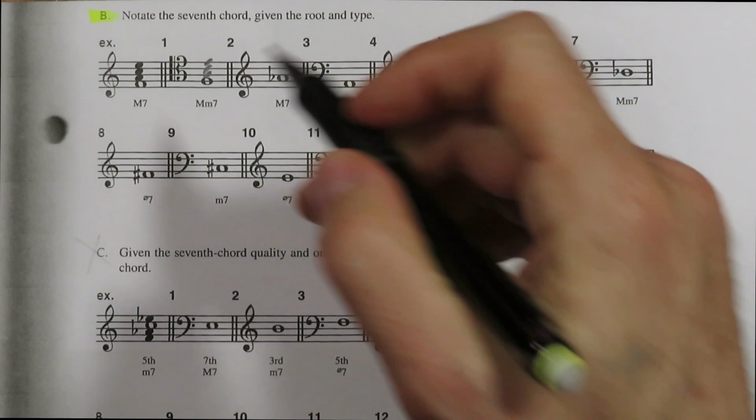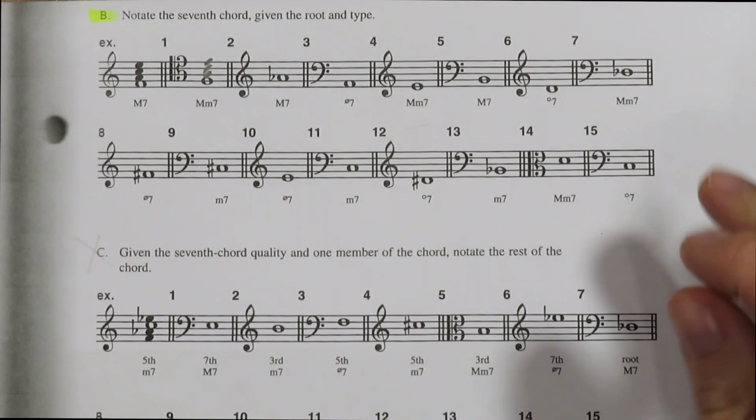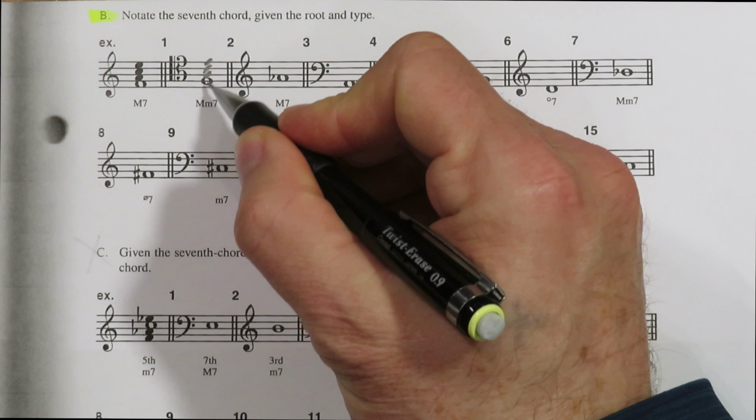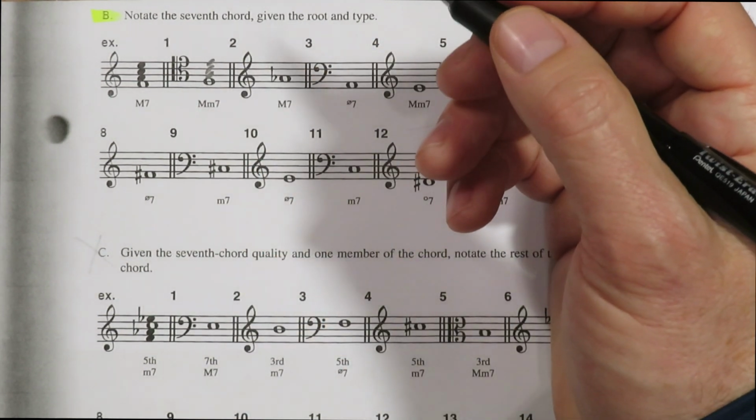So F, A, C. Hopefully you know by now that that is F major. So we already have the triad done. Now we just need a minor 7th on top of that.